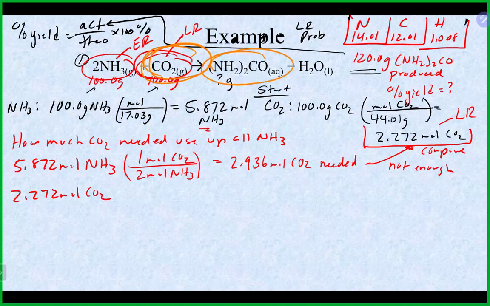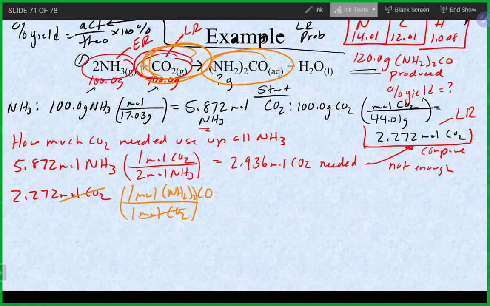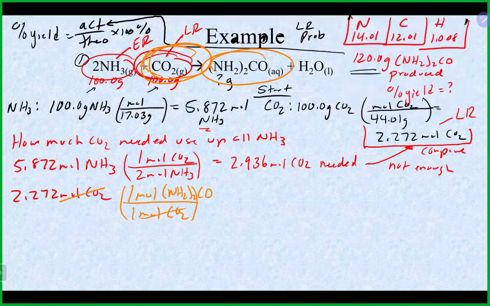So that's not too bad. So 1 mole of CO2 on the bottom to 1 mole of my product up on top. Moles of CO2 will cancel. Once again here, since my actual yield is in grams, I do want to use grams for my theoretical yield.